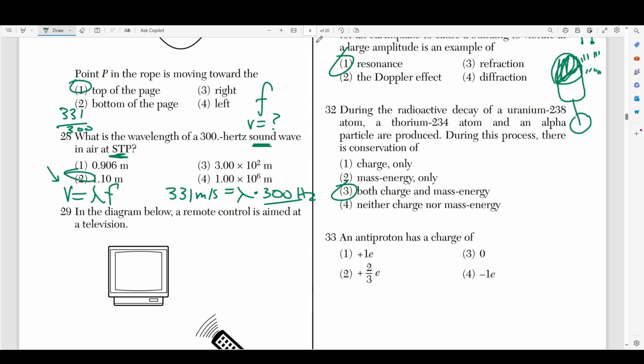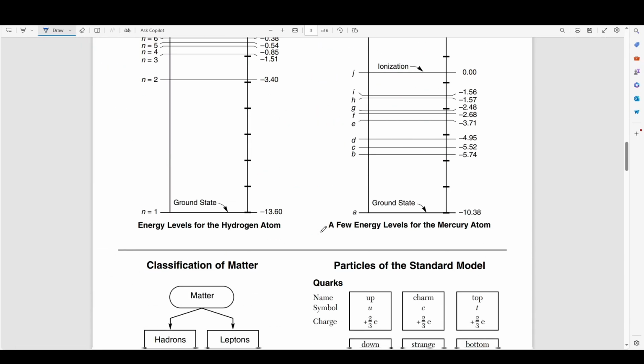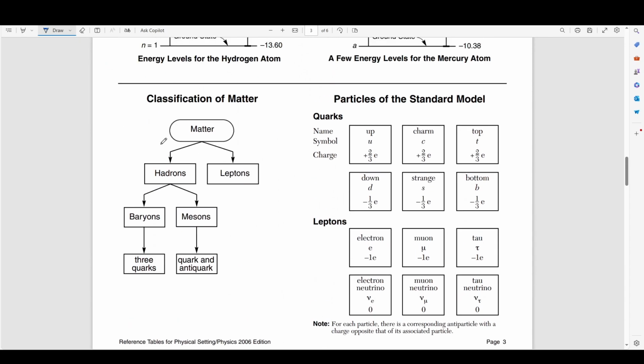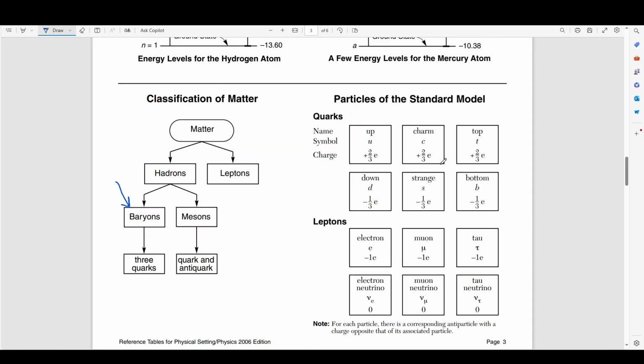Number 33 says an antiproton has a charge of what? Well, what is a proton? A proton is a state of matter, and it's a baryon, right? So it has 3 quarks. Protons have quarks up, up, down. So if you want to find the charge of a proton, you just need to add 2 up quarks and a down quark. An up quark is going to be 2/3.